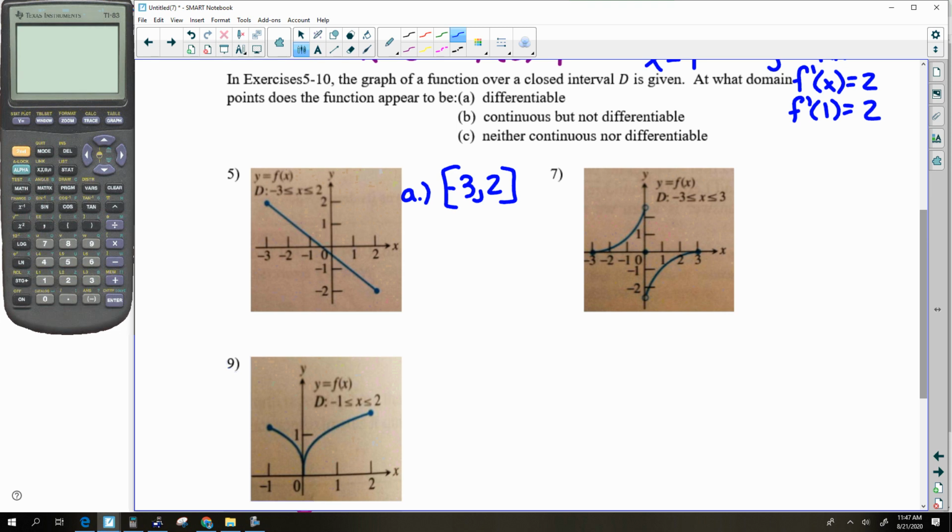Continuous, but not differentiable. Because the whole thing is differentiable, there's no point that it is continuous, but not differentiable. So C, where is it neither continuous nor differentiable? None.